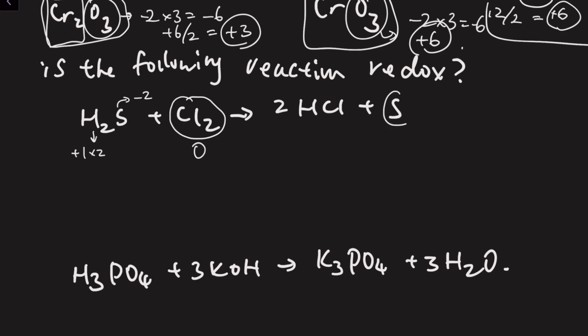Sulfur is also neutral, oxidation number is 0. And here, hydrogen takes the value of +1. Chloride ion is -1. So the oxidation number for chlorine has decreased from 0 to -1.